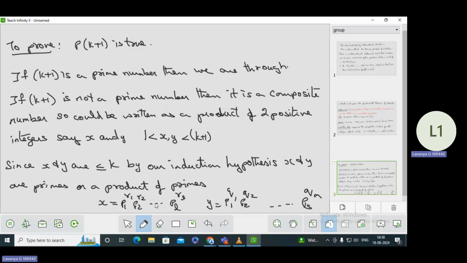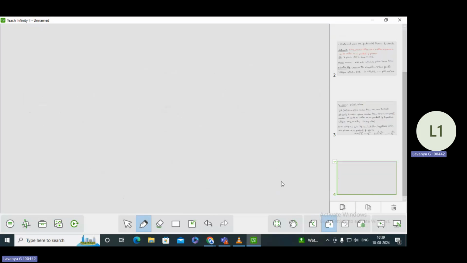So when you multiply x and y, it is again going to be a product of primes. So I have now my k plus 1 is nothing but x into y. This is a product of two or more primes.